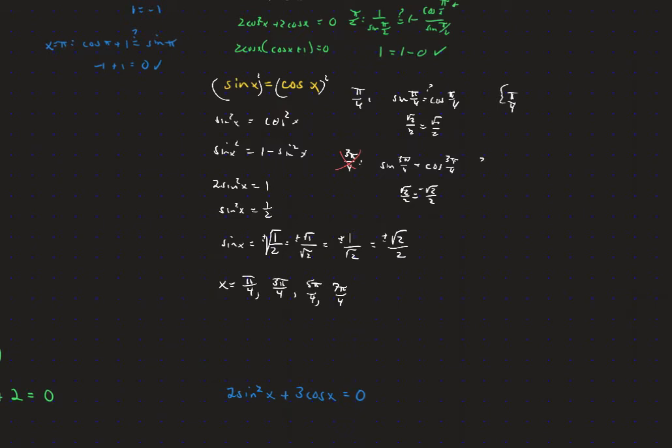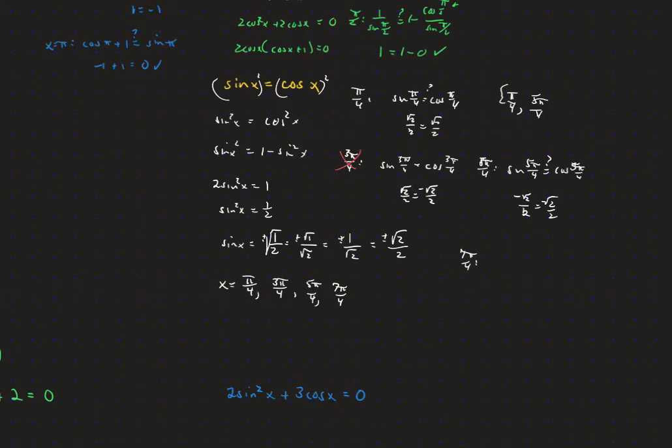And if we try 5 pi over 4, then you may see where we're going with this. Is the sine of 5 pi over 4 the same as the cosine of 5 pi over 4? Well, they're both a negative square root of 2 over 2 in quadrant 3, so in this case they are good, and they are in agreement. So 5 pi over 4 also makes it into our solution set.